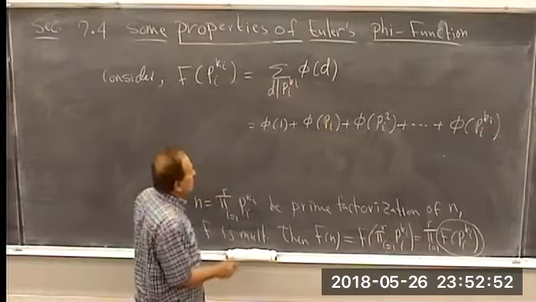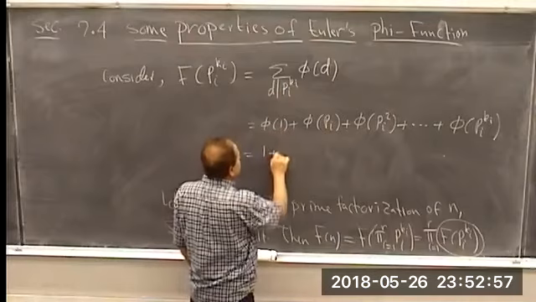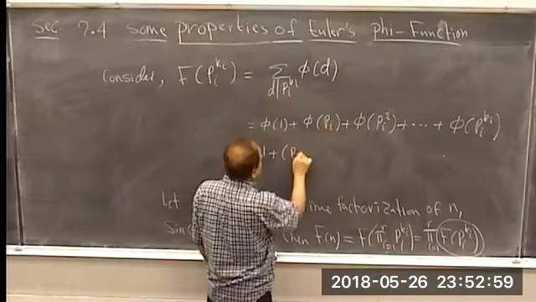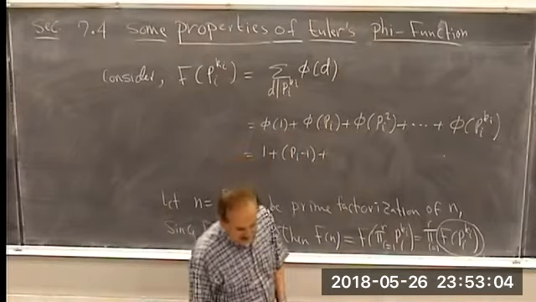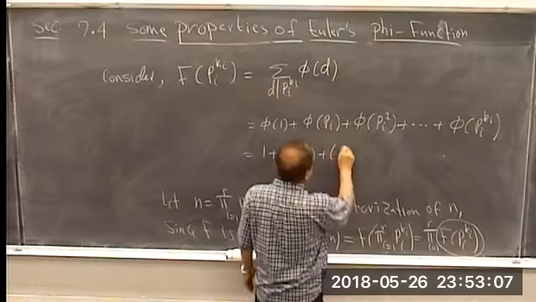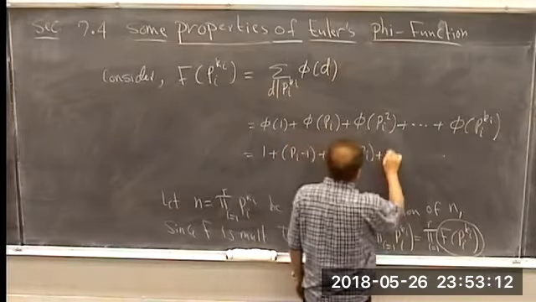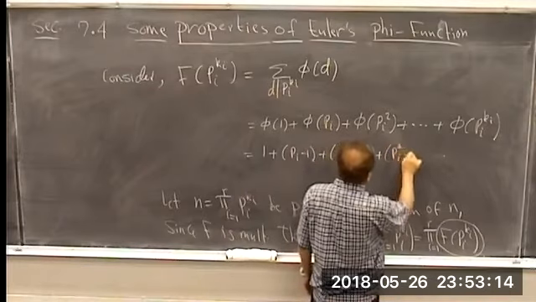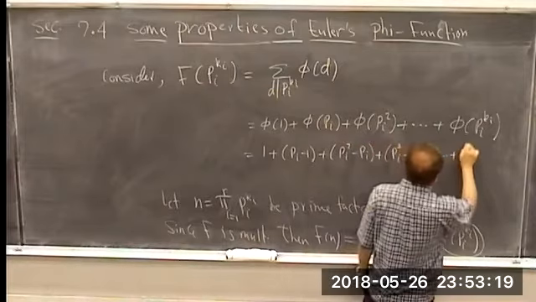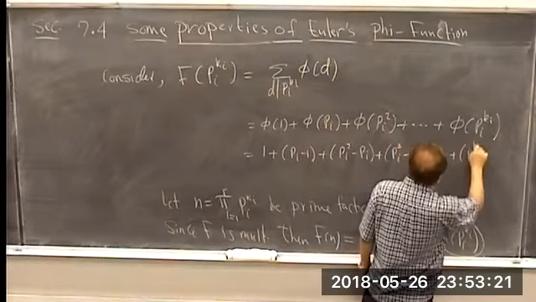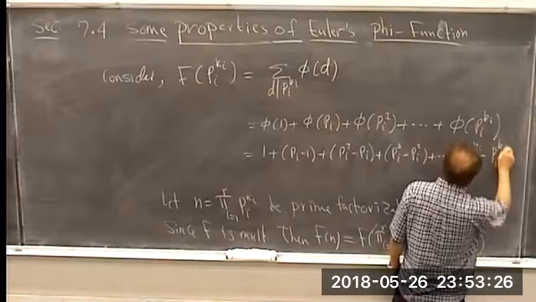We know that this is 1, this is p_i minus 1, this one is p_i squared minus p_i, and so on, to p_i cubed minus p_i squared, and the last one, p_i to the k_i minus p_i to the k_i minus 1.